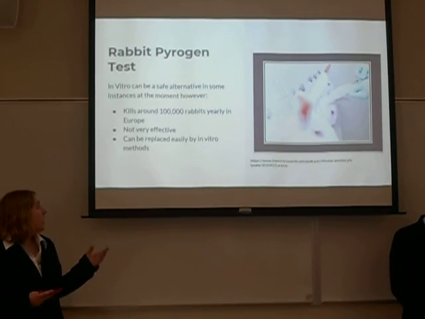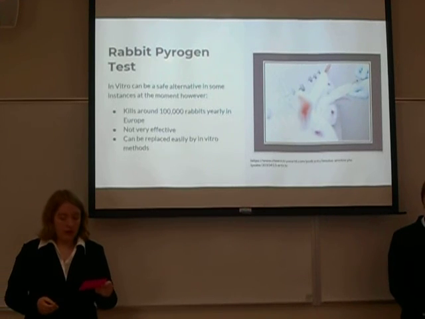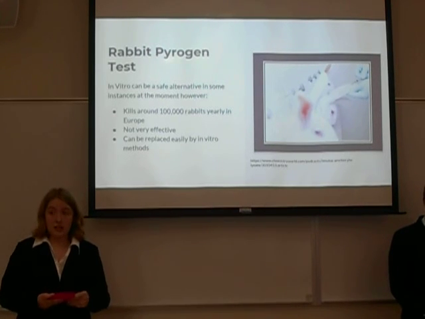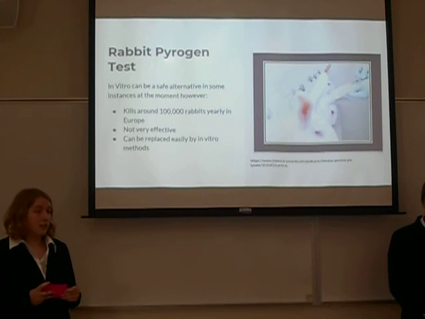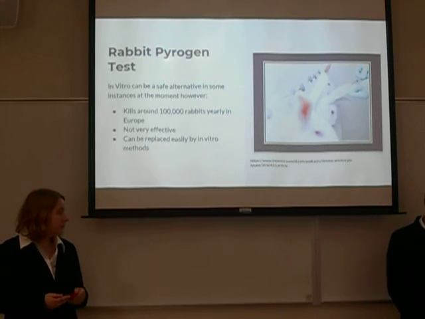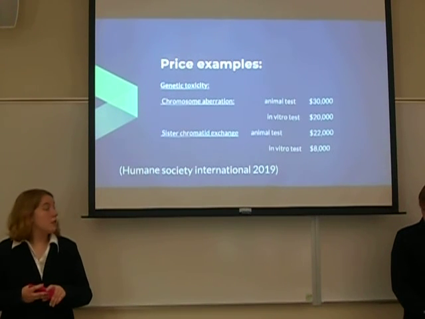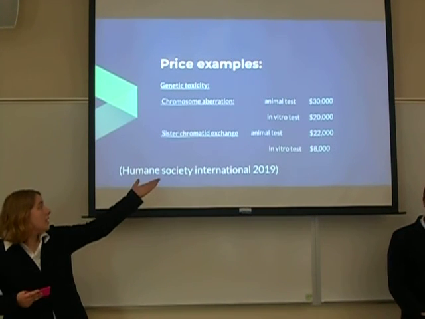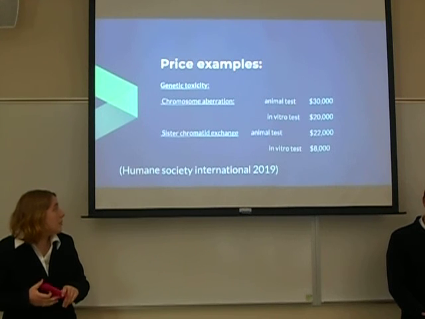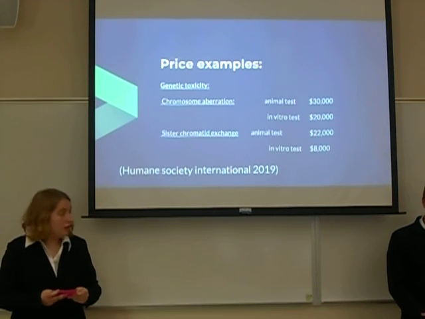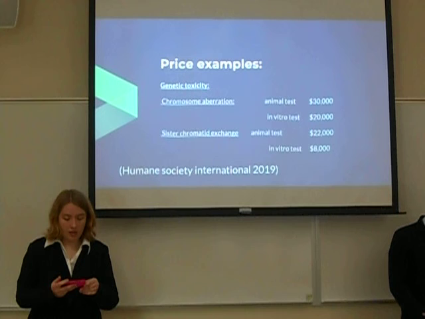So there is a lot of promise with in vitro methods. There are already quick and successful methods out there that can do the same things as animal testing but cheaper. And so again, I've thrown out a lot about how in vitro methods are cheaper. Here are just a couple of price examples. Generally speaking, a lot of them are thousands of dollars cheaper than animal testing.